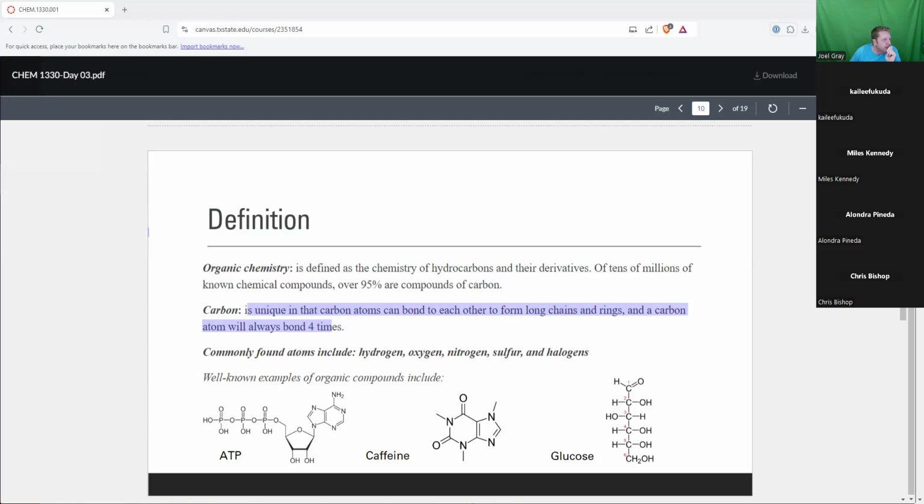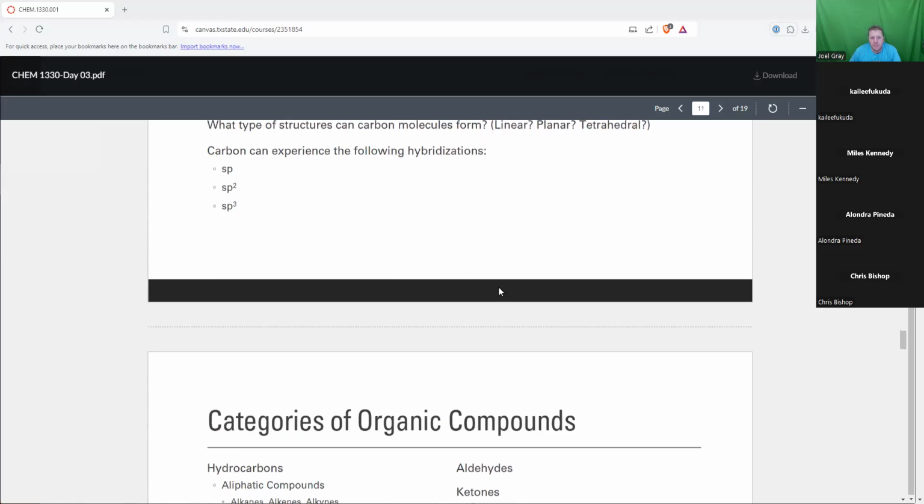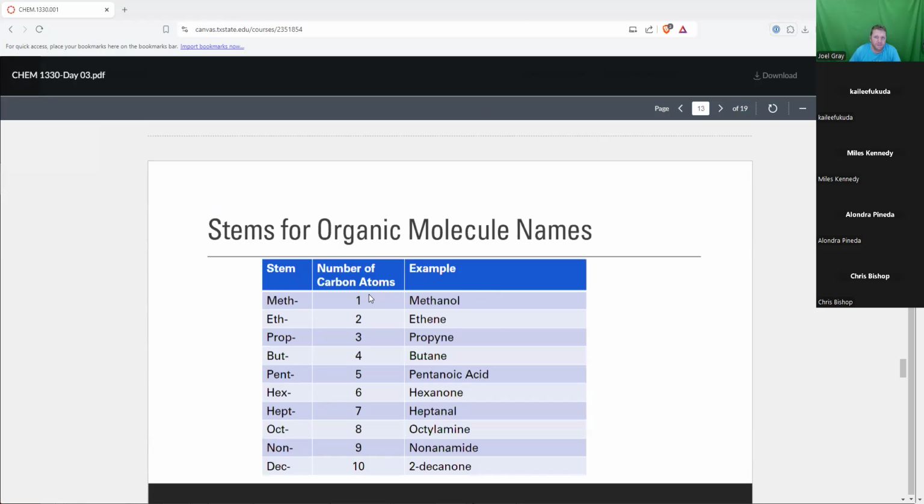Next up, that's organic chemistry. I want you to know the stems or the prefixes for organic molecules. If I remember, I wanted you to know up to hexane, or hex, where it's 6 carbons.